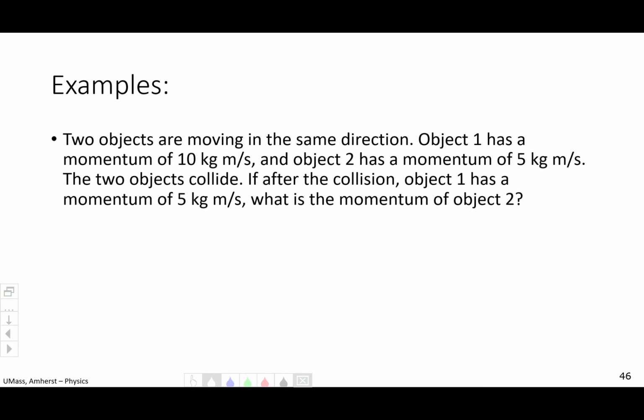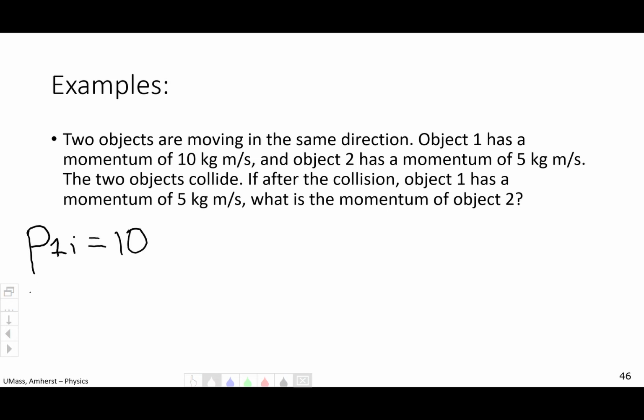So I think it becomes prudent for us to, pretty briefly, just write down the terms that we have so that we have the numbers and the variables right in front of us. So let's read. Object 1 has a momentum of 10 kilogram meter per second. So to me, that says P1 initial is 10.